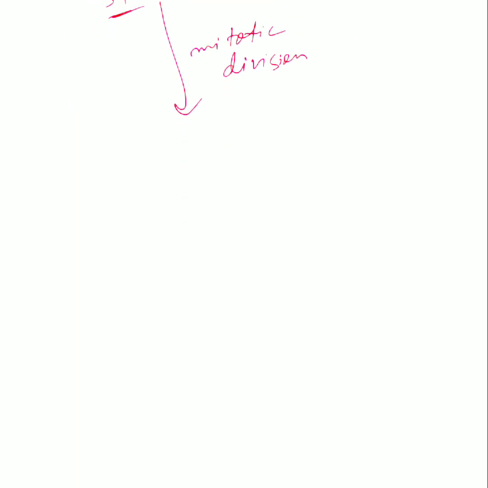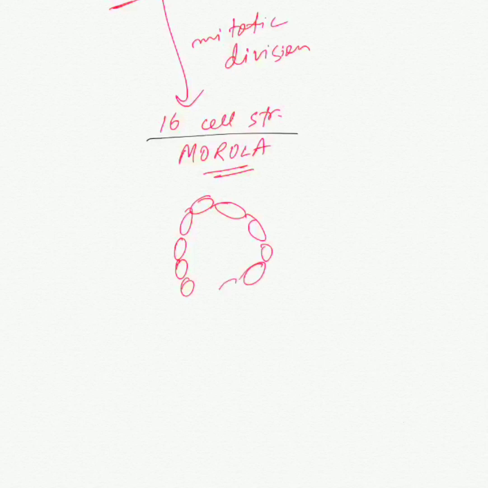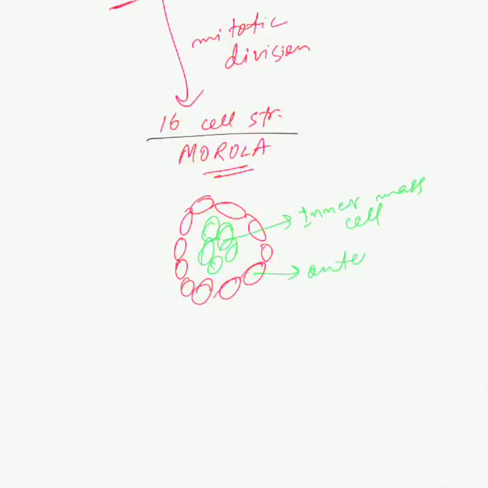The 16 cell structure is known as the morula. The morula consists of two types of cells, outer and inner. The inner cell is known as the inner cell mass and the outer is known as the outer cell mass. Zona pellucida is present here.